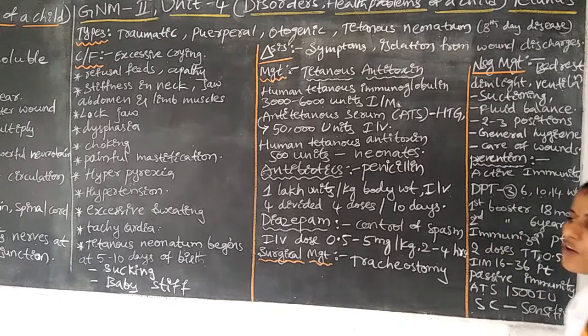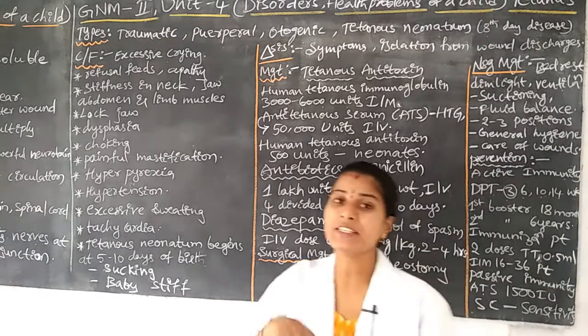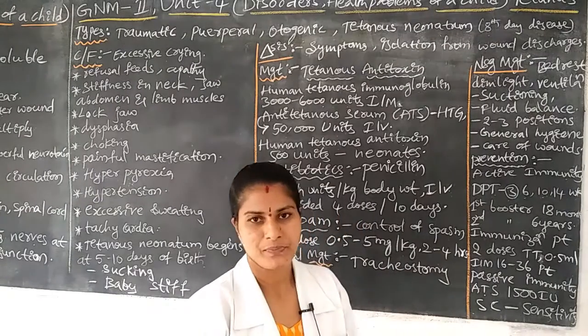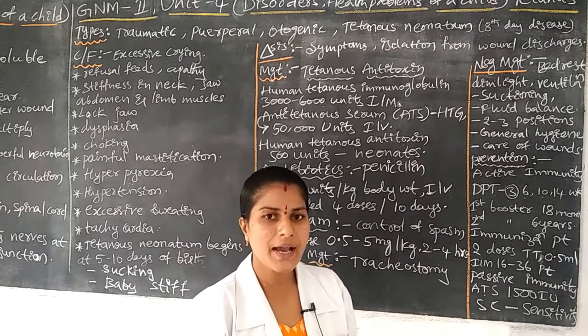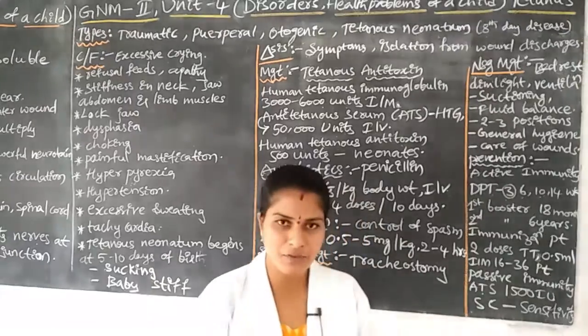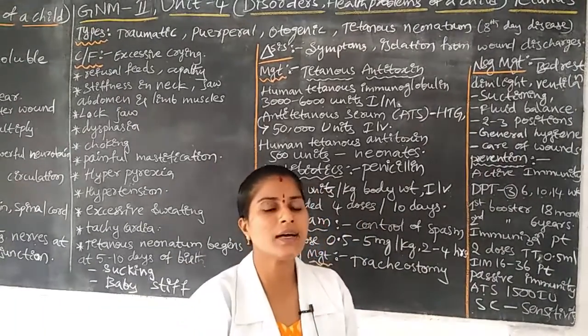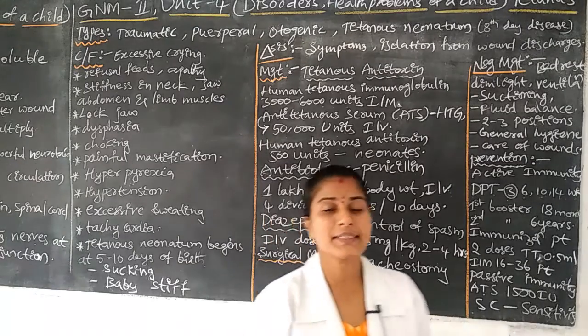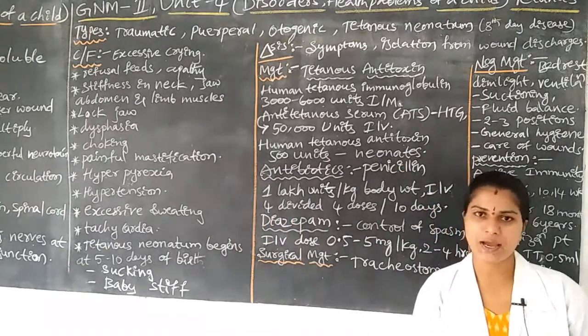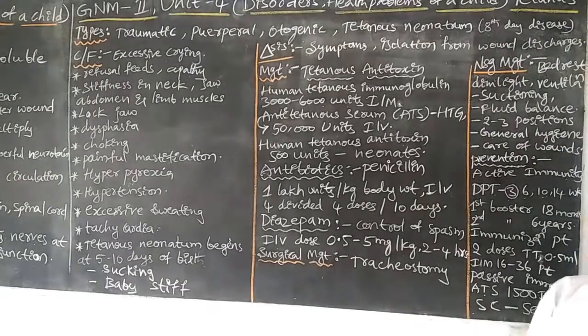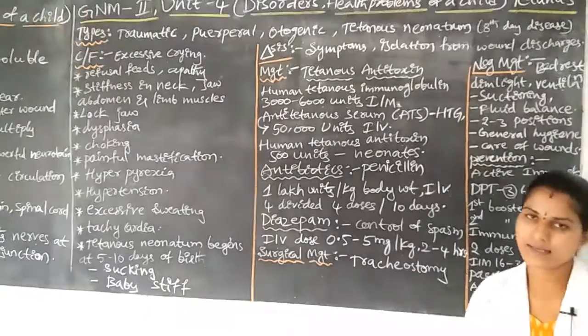Next, for prevention of tetanus we have to immunize the pregnant mother. Those who are in the antenatal period, the pregnant women, also undergo this vaccine, TT, tetanus toxoid, for the prevention of neonatal tetanus.